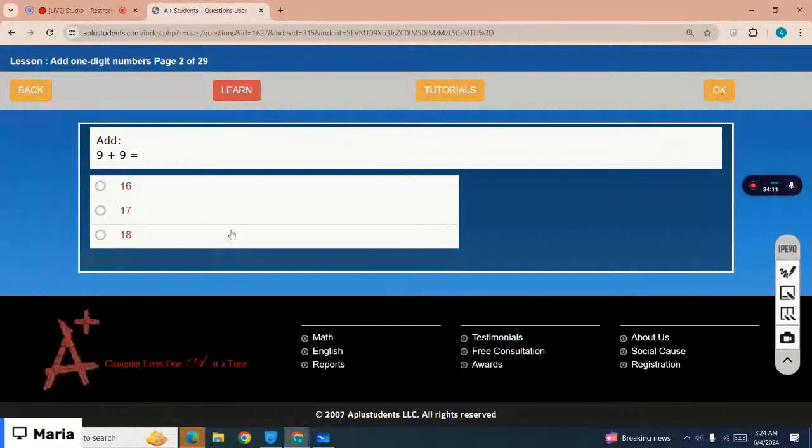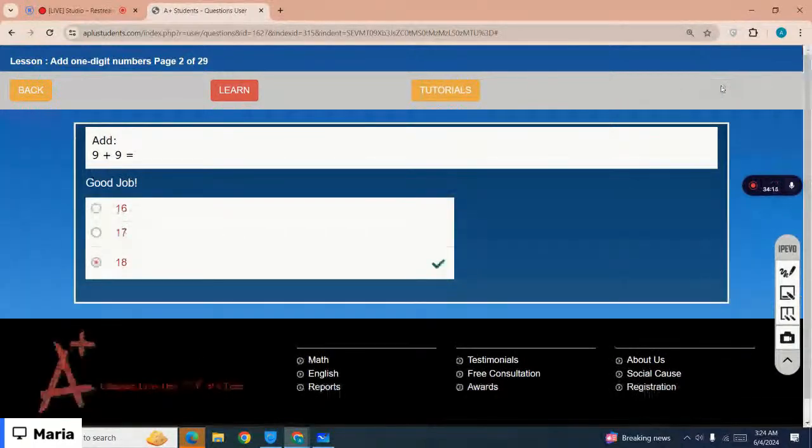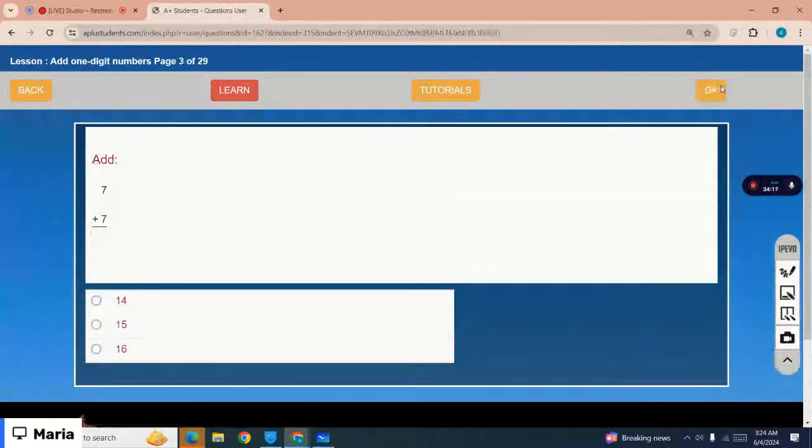Option number 3 is the correct option. 9 plus 9 is 18. The next one is 7 plus 7, which is the correct option?